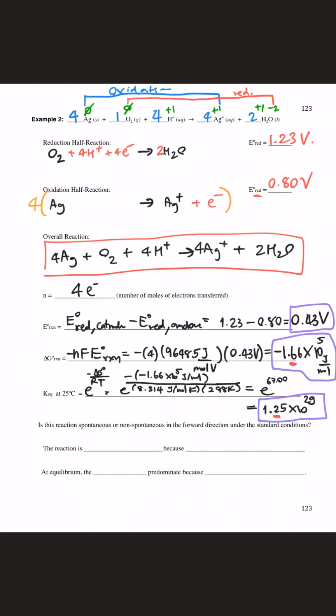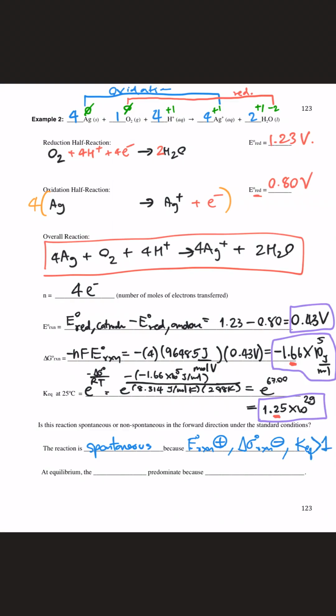Okay, so therefore, this reaction would be spontaneous, because again, the standard reaction potential is positive. Delta G of the reaction is negative, and you end up with a large value of K eq.